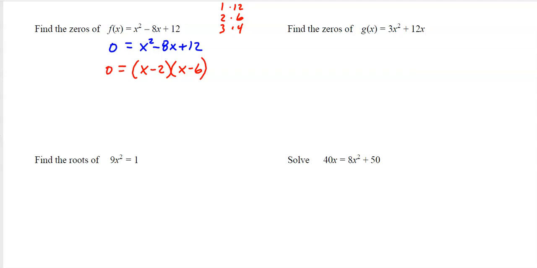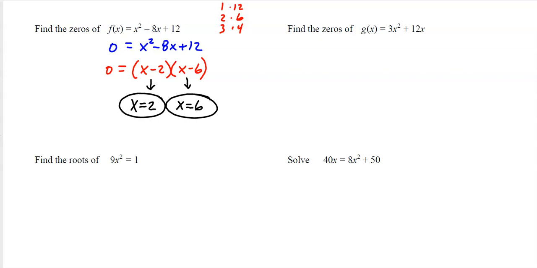So -2 times -6 is the +12. Added together, I get my -8. Solving these quickly in my head, the first parenthesis is 0 when x equals 2, and the second parenthesis is 0 when x equals 6. So there are two possible solutions to that quadratic when y is 0.